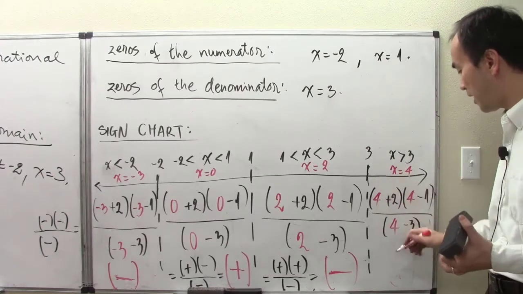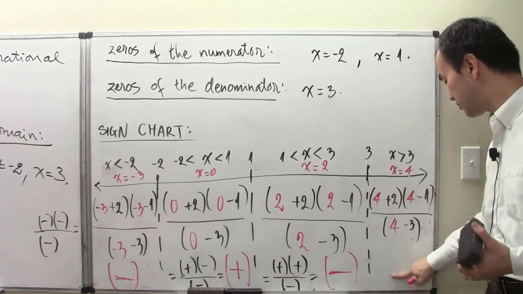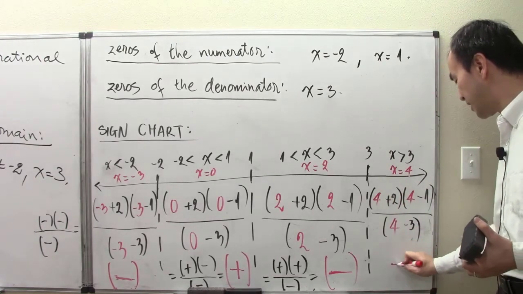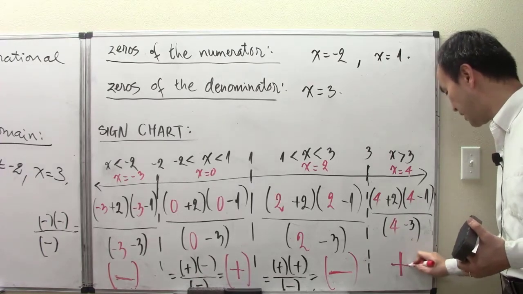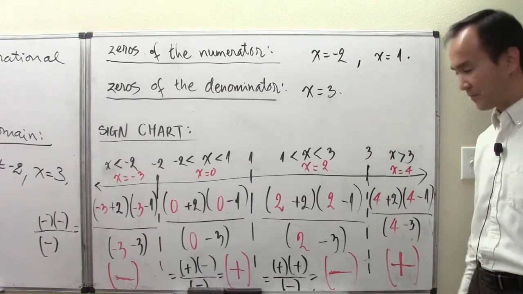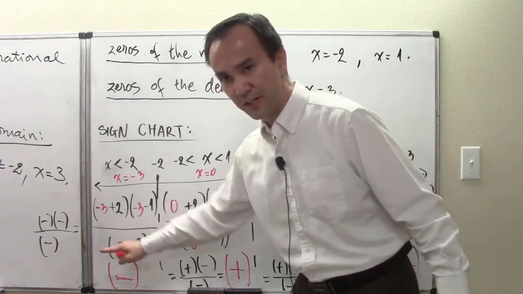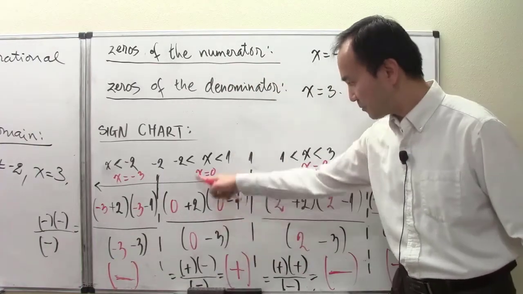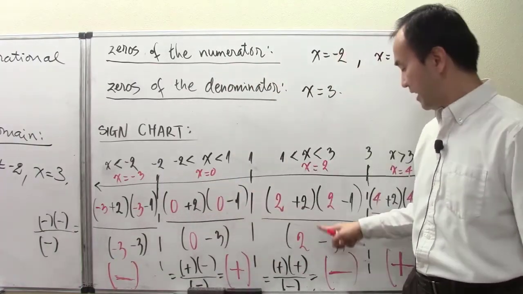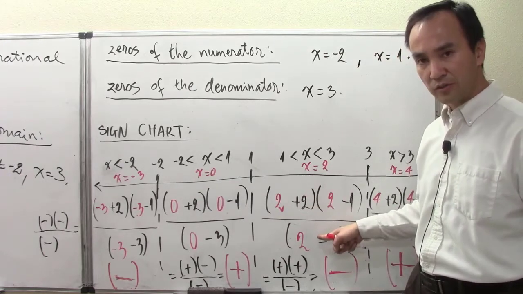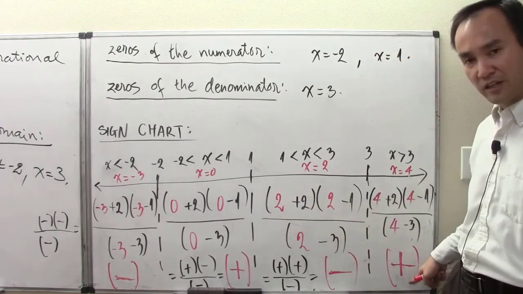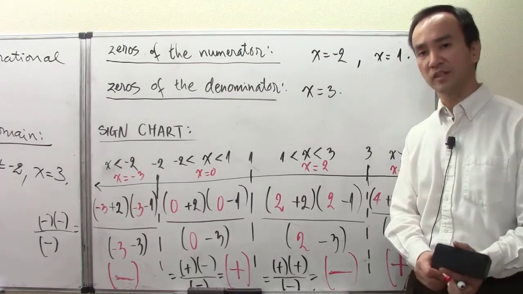So these are all positive. So now, needless to do any calculation, I can see that my overall sign here has to be positive for this last interval. So the first interval is negative, then positive for the next interval to the right, then negative for the third interval from left to right, and then the fourth interval is a positive sign like that.